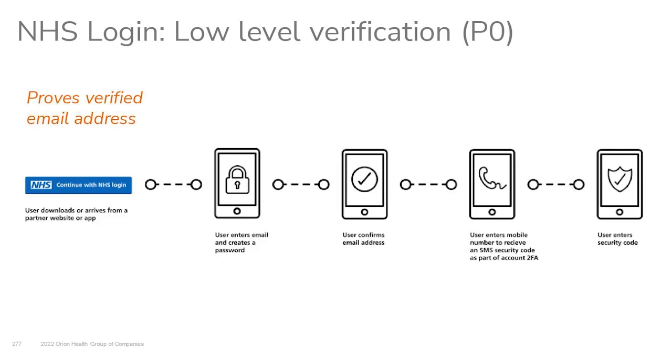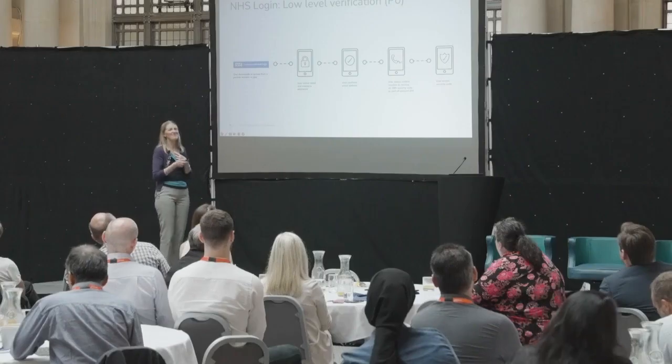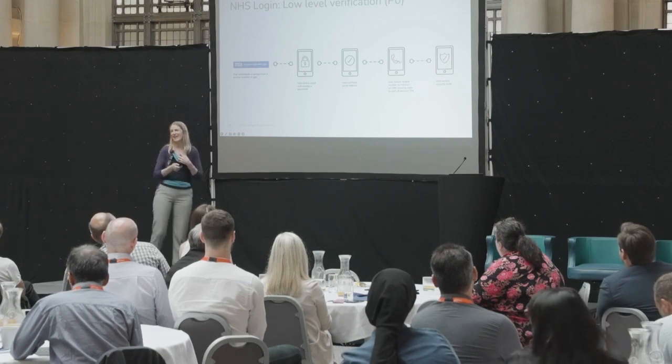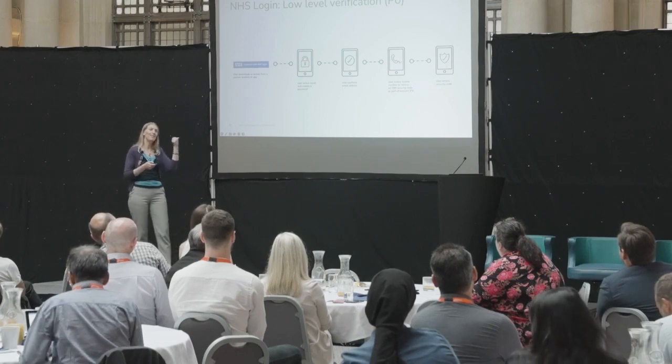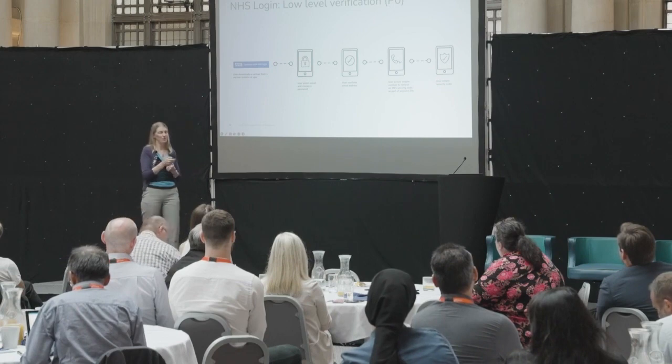So you could have actually been impersonating somebody else. I, for example, know my husband's email address and I know his date of birth and I know everything about him. I have access to a shared email account with him, so I could basically sign up for this with his credentials. So it's not necessarily something we'd want to let people into our Engage patient portal with if they've only reached P0.